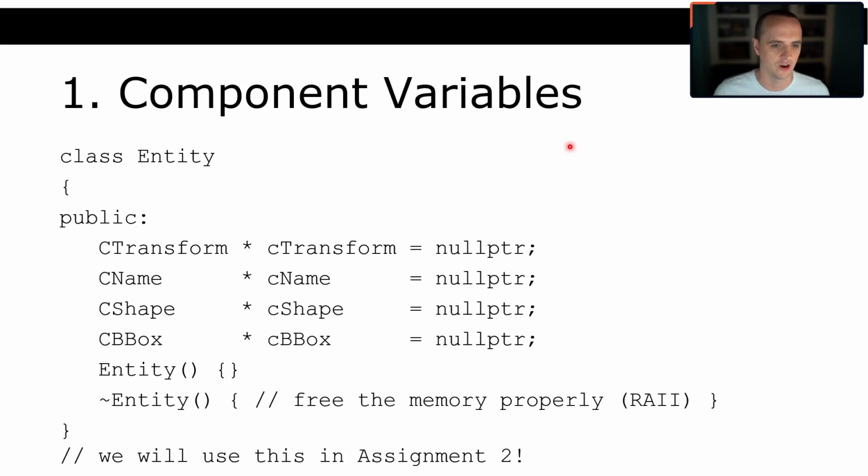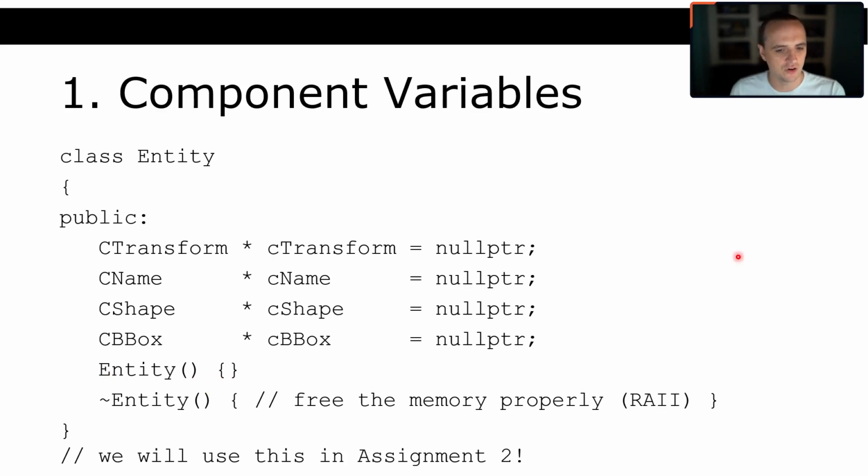They're all stored within the transform component. Maybe it has a transform, it has a name, it has a shape, and it has a bounding box. So it's going to have at most one of each of those things. And so it's going to store a component pointer for each of those and set those equal to null pointer. And then the constructor wouldn't have to do anything.